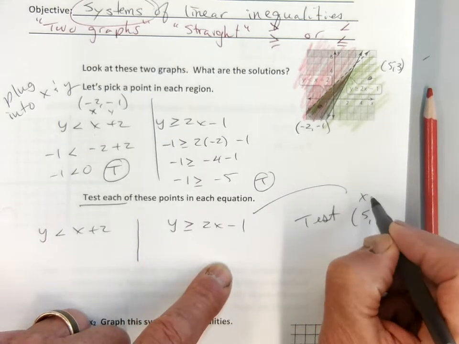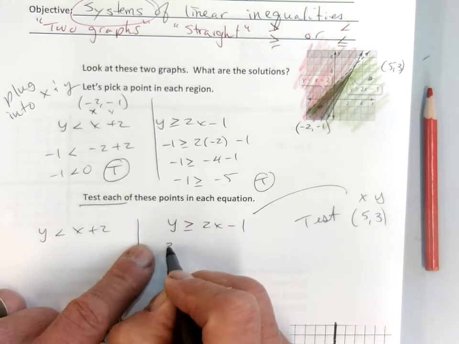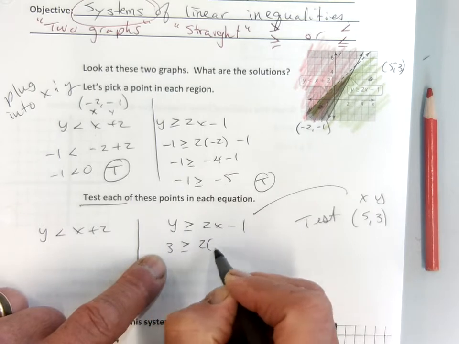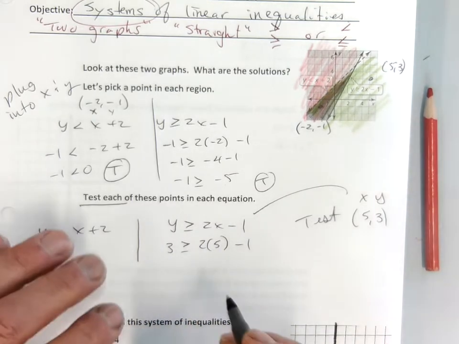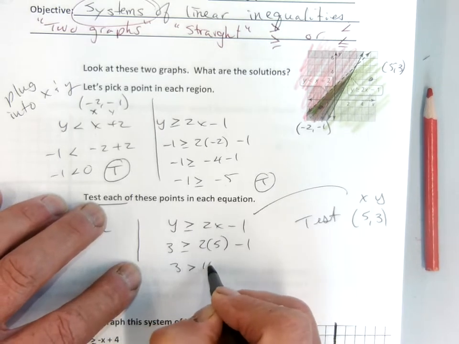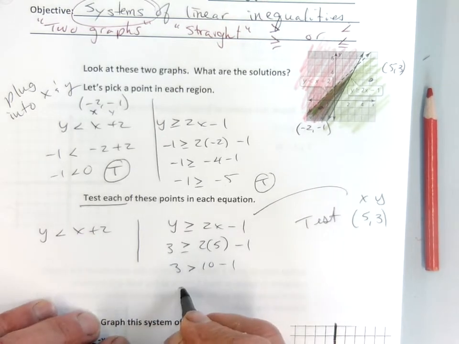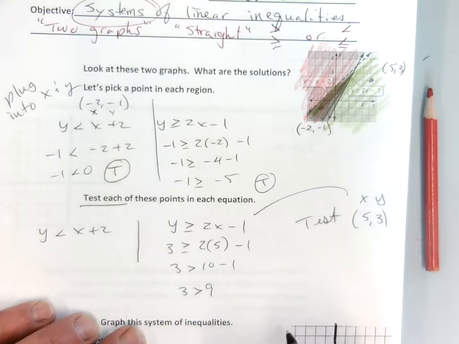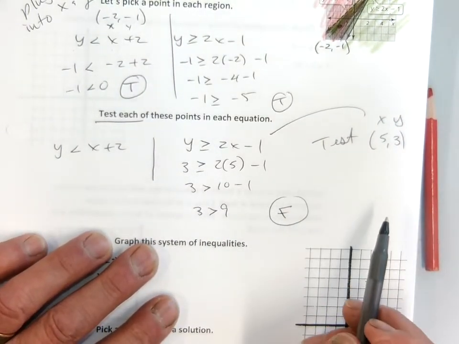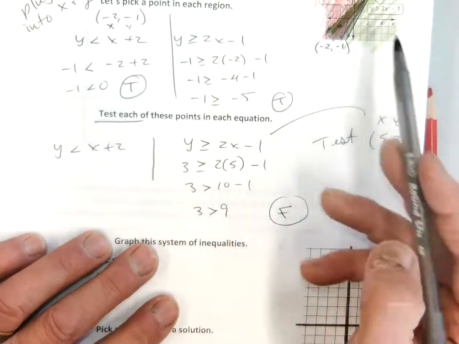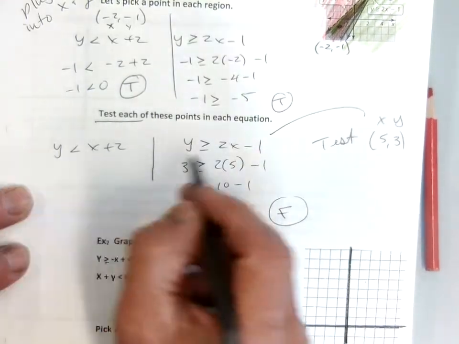I'll put 3 for y and 5 for x, and I get 3 is greater than 10 minus 1, so 3 is greater than 9. Is 3 bigger than 9? No. We knew it wasn't going to work because that was the other region. But it will work for this region. Put 3 in for y.